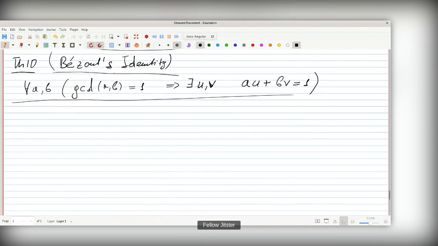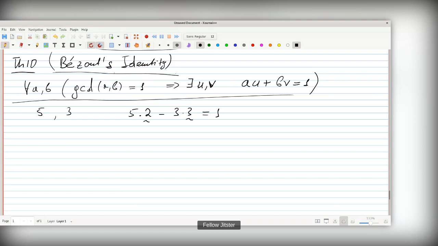For example, if we have, say, 5 and 3, how can one obtain 1? It is not hard. One should take 2 copies of 5 and subtract 3 copies of 3. This will be 1. You can always obtain 1 given these two numbers are coprime.